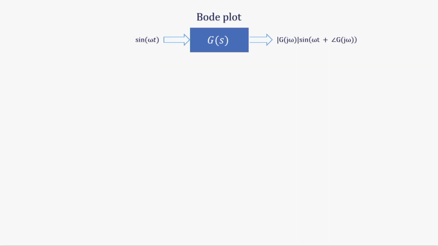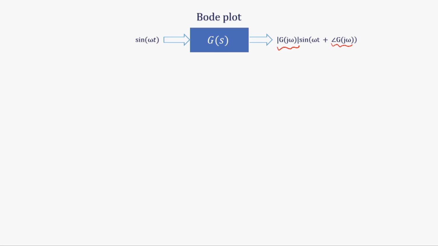In frequency response, we give a sinusoidal input to an LTI system, and we have seen that the output of the system would be of this form, where the magnitude changes to this value and there is a phase change, the frequency remaining the same as was given as the input to the system.